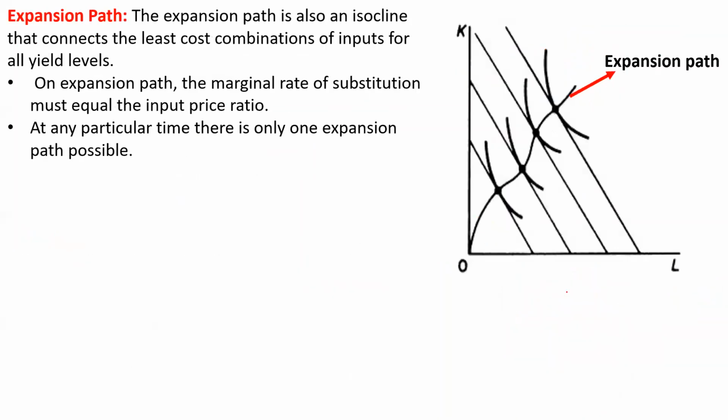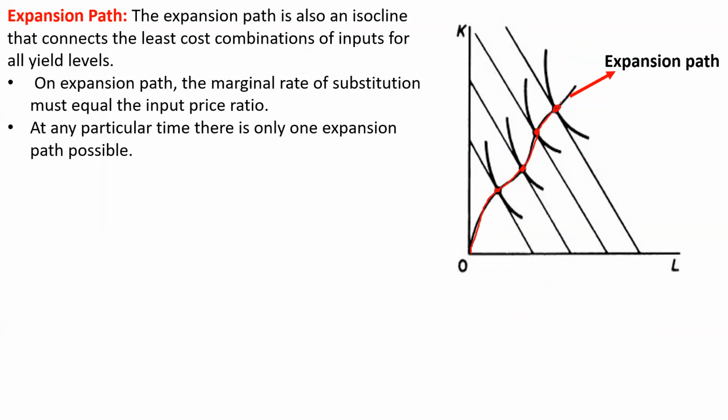Next is the expansion path. The expansion path is a type of isocline which connects the least cost combinations of inputs at all output levels. Each isoquant represents a different output level, and every cost line represents a higher budget. So the points of intersection of successive isocost lines and isoquants, if we join these, we get the expansion path.